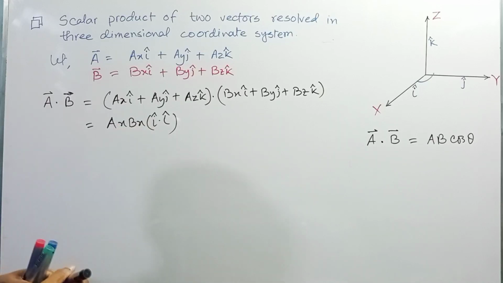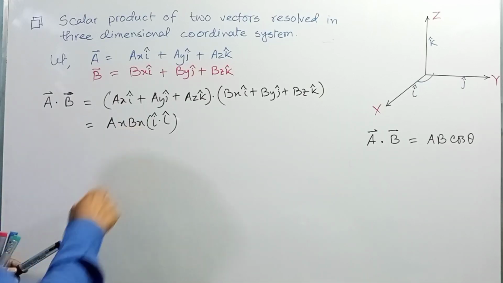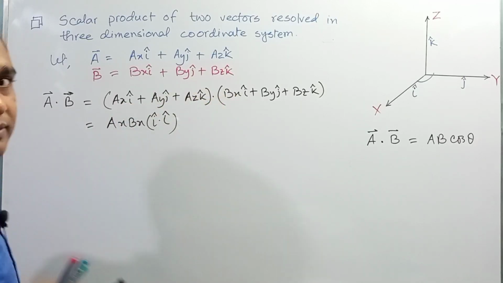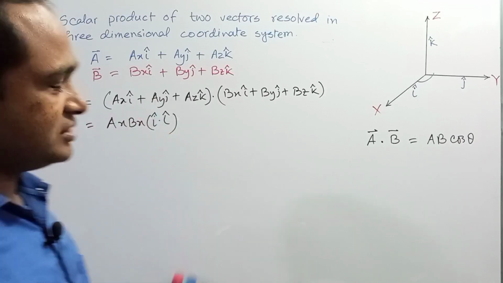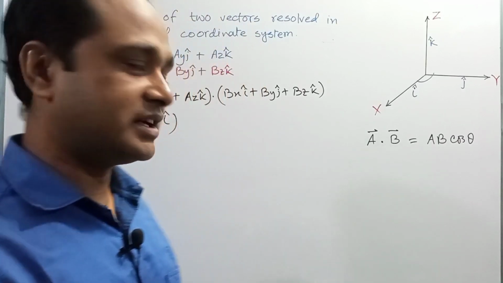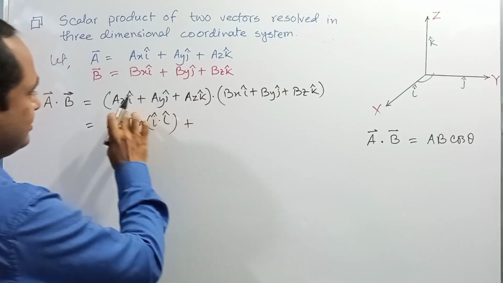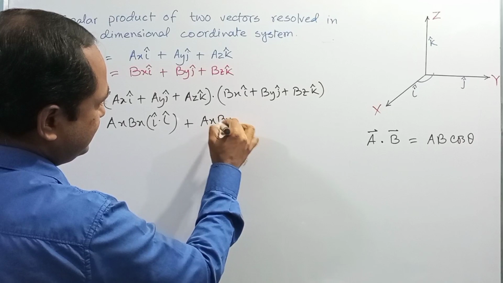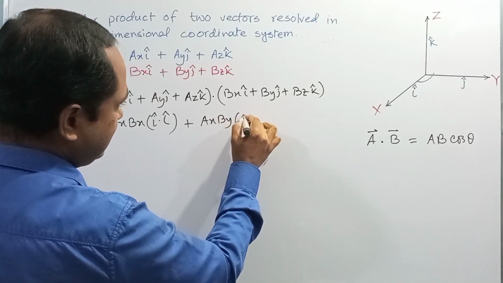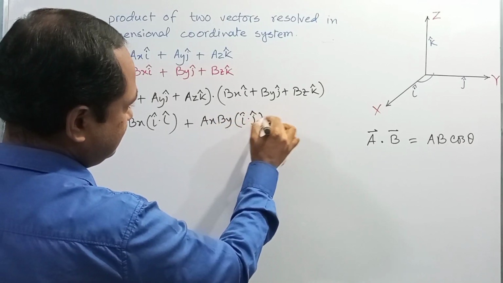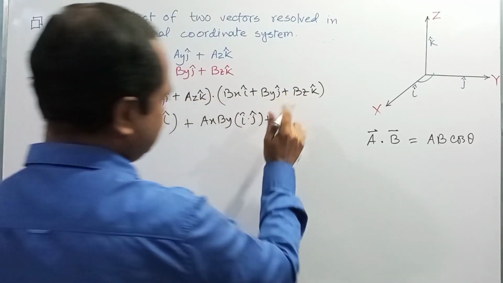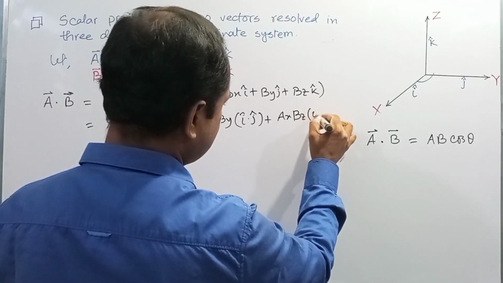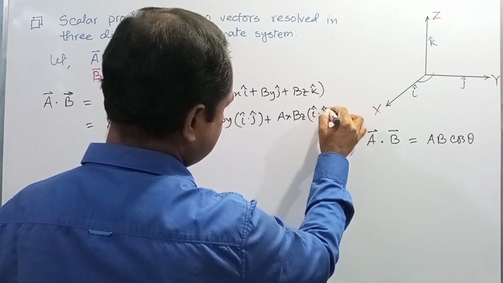These are not the vector part, these are the scalar quantities, but we have to multiply i with i because these are vectors. So the product of these two parts should be calculated carefully, and we will multiply ax with by j. So ax by into i dot j. Similarly ax with bz k, so ax into bz into i dot k.